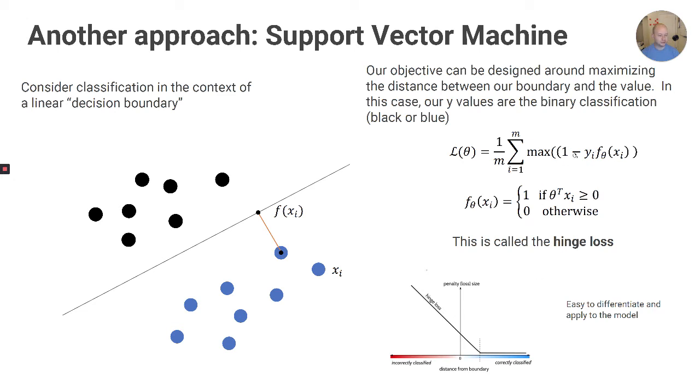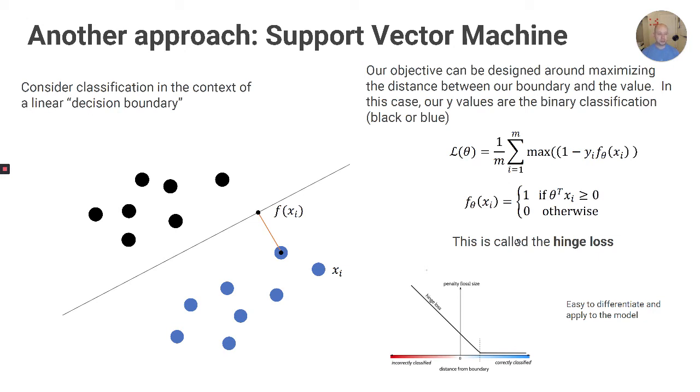And so the hinge loss represents that, and there's an errata here which I'll update in the notes as well. But this is actually very easy to do, because that particular derivative is very easy. When you've correctly classified, the derivative is 0, you don't do anything.